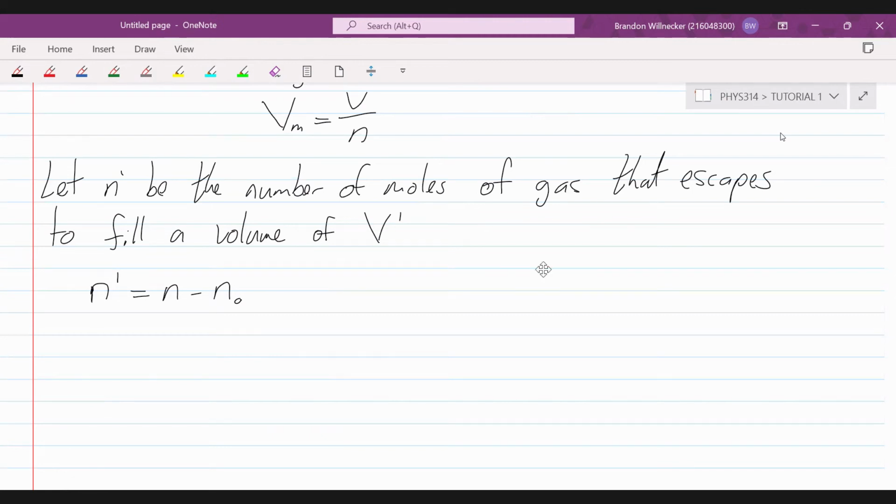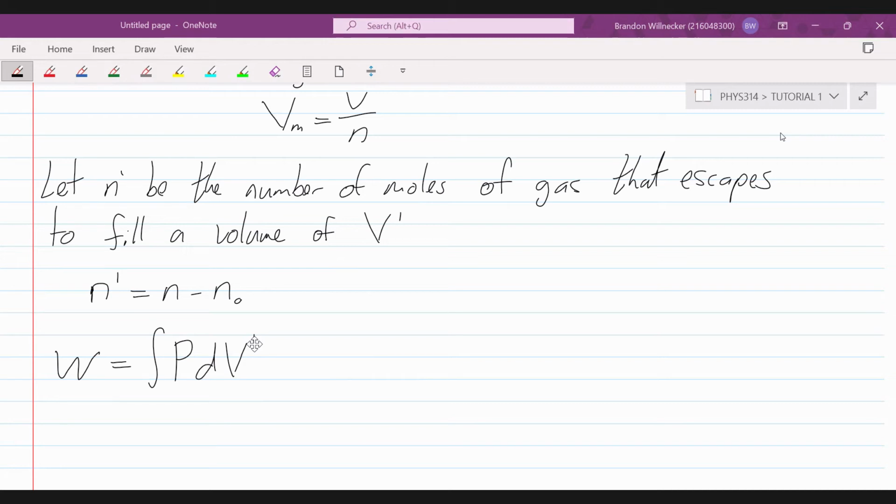So how do we find the work done? The work done by the gas while it's escaping is going to be the integral of P dV prime. It's pushing out a volume V prime with a pressure P. In doing so, it does some work.